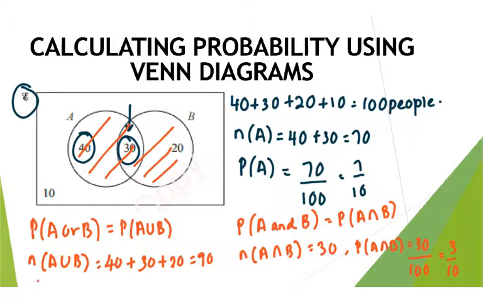The probability of A union B will be 90 out of 100. If you simplify, it will be 9 out of 10.